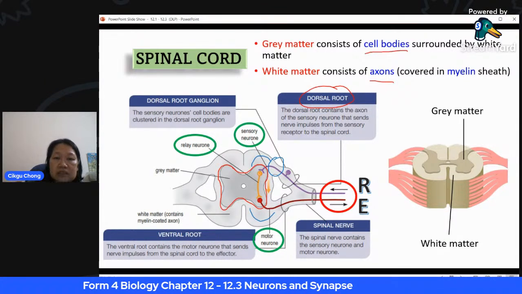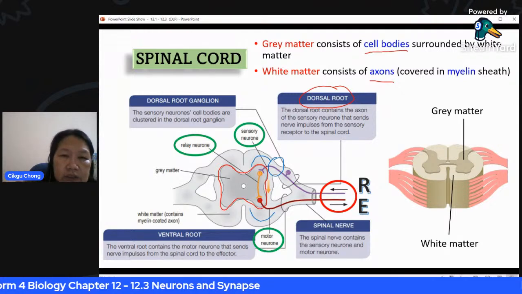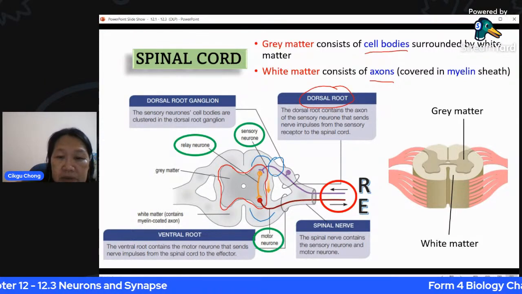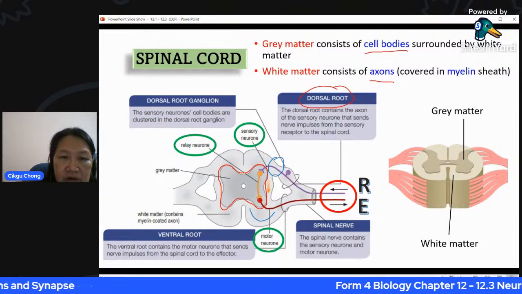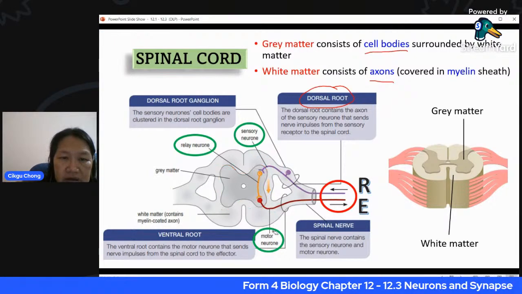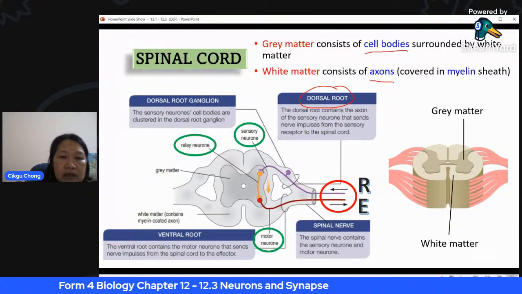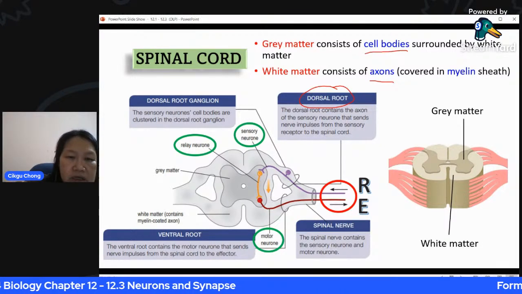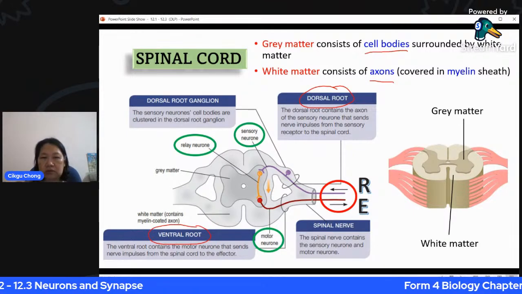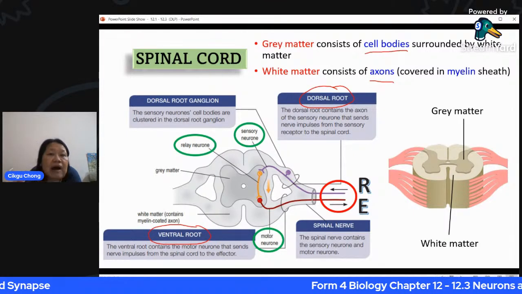You have to remember the pathway. I will rub this off first. You can see clearly the pathway coming in from the dorsal root and coming out from the ventral root. So it's always one particular pathway.